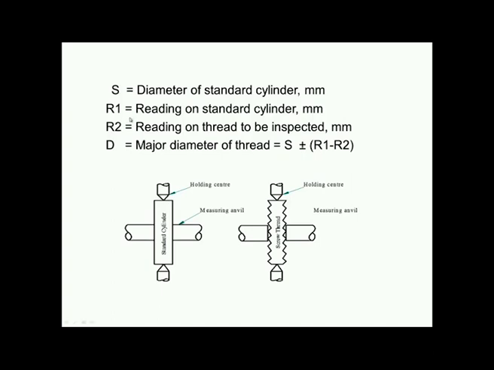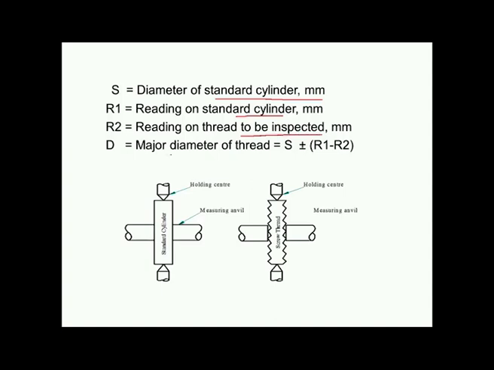Now, I can see here S is the diameter of the standard cylinder. Normally, plain plug gauges are used as standard cylinders, and R1 is the reading on the standard cylinder, and R2 is the reading on the thread to be inspected.